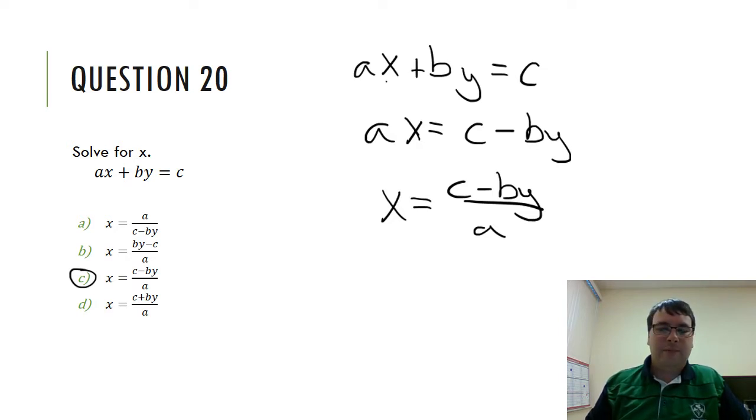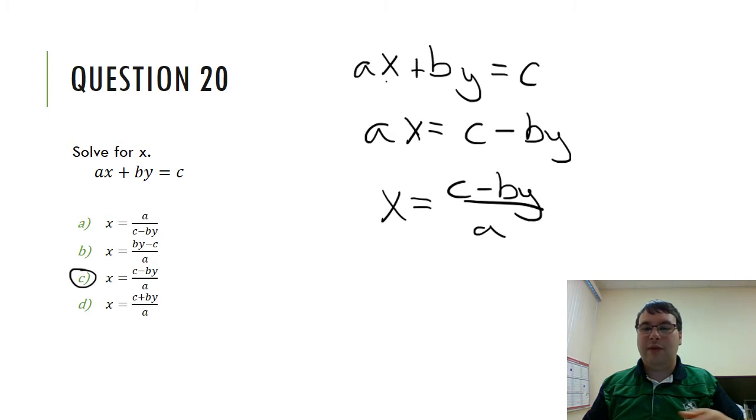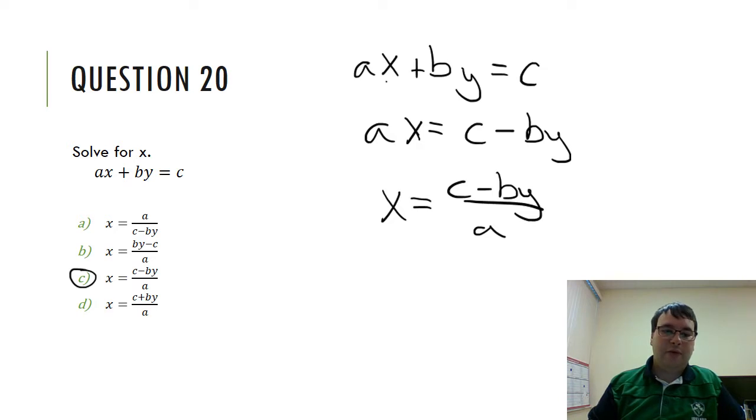Still solving for x. And I have ax on the left, c minus by on the right. I don't care about the a, and I'm multiplying, so I'm going to divide it out. So I have x is equal to c minus by, all of that divided by a. And that is an answer choice for me.